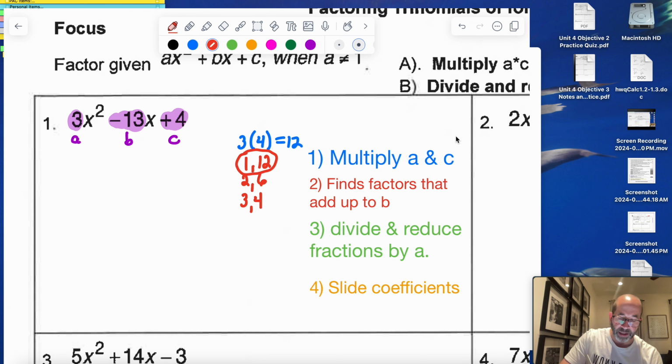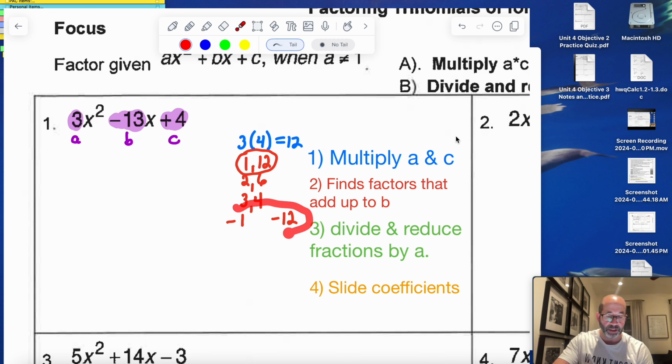And the only way we can get that is by doing a negative 1 and a negative 12. Negative 1 plus negative 12 adds up to negative 13, and when we multiply those together, they'll multiply to equal a positive 12, okay? So that's step 2.